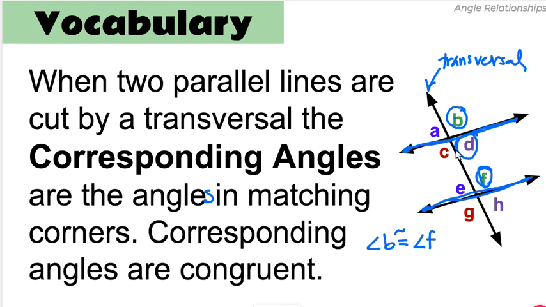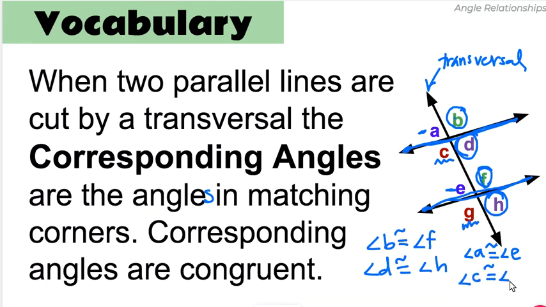D is in the bottom right corner. H is in the bottom right corner. So angle D is congruent to angle H. A is in the upper left. E is in the upper left. Angle A is congruent to angle E. And then we have C bottom left, G bottom left.